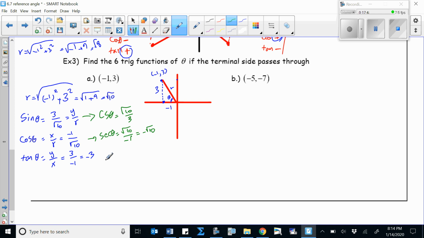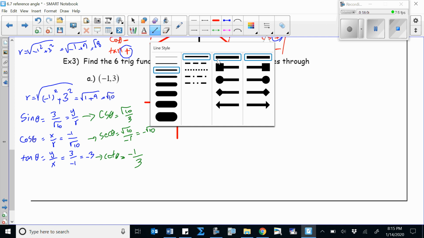And then cotangent of theta is the reciprocal of 3 over -1. That is -1 over 3. And that's it. Now let's practice the next one. Let's work on the next one.